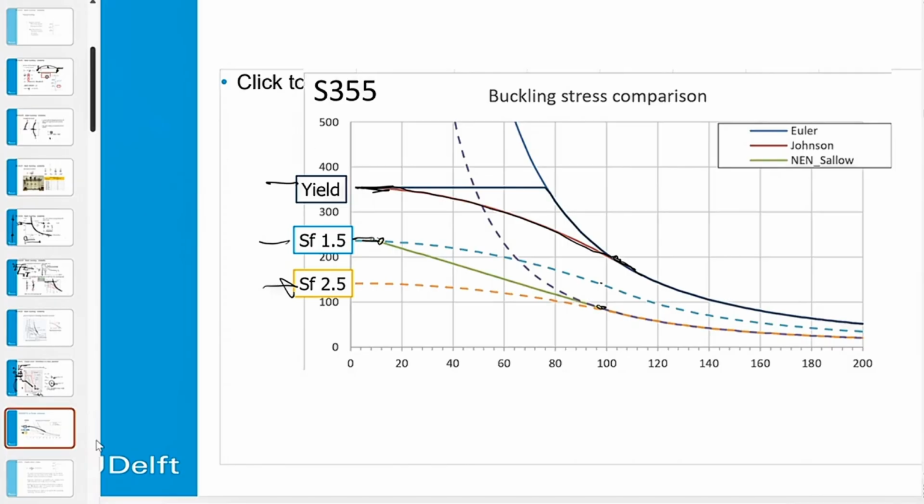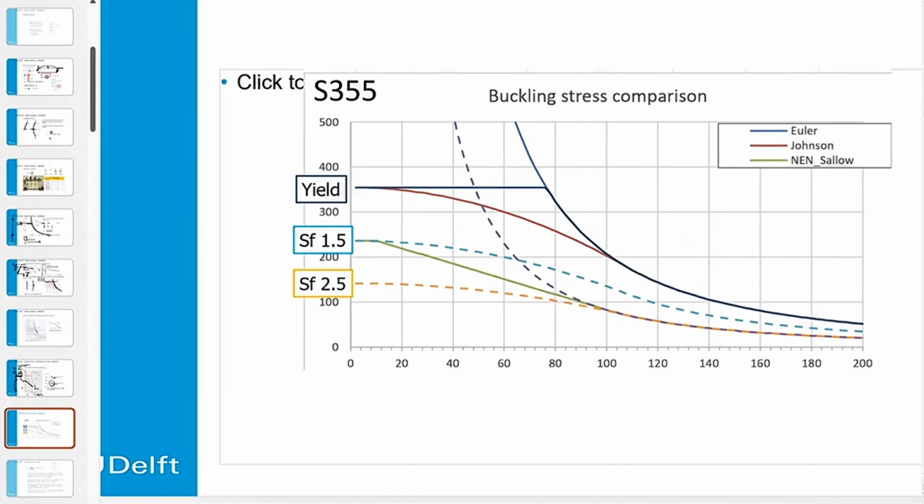Again, if we assume that the Euler-Johnson curve is something we can get from the finite element model, you don't know whether something is okay if your safety factor or your buckling limit is between 1.5 and 2.5. You don't know whether that is okay or not. So that is an important remark if you want to use FEA buckling analysis, linear FEA buckling analysis.